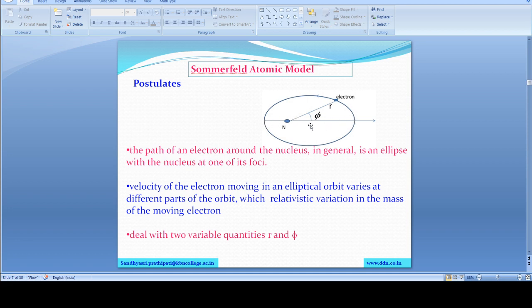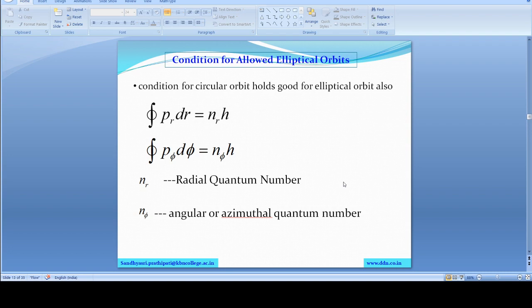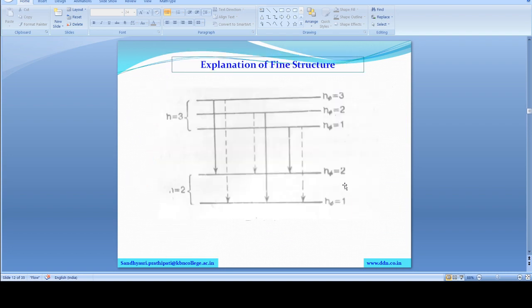Once it comes through the nucleus and then returns back through the nucleus and comes to the point to complete one revolution. Is it possible? Not possible. So the n phi equal to 0 case is not possible.